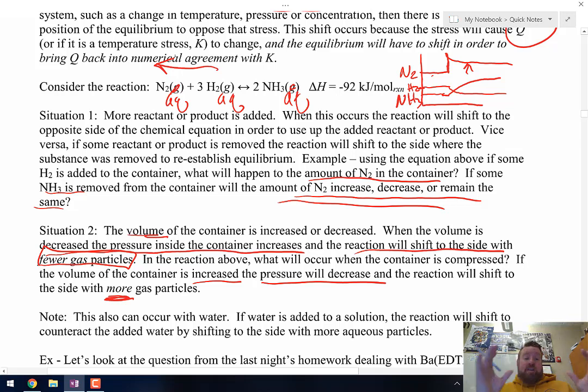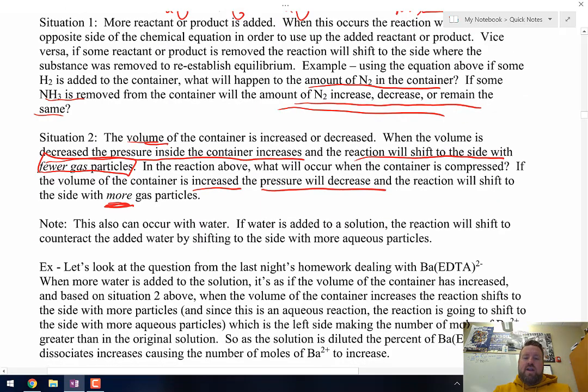If you evaporate some of the water or you boil off some of the water, now the volume of your container got smaller, it's going to shift to the side with fewer aqueous particles, which in this case would be the right-hand side. Okay? So if water is added to a solution, the reaction will shift to counteract the water added by shifting to the side with more aqueous particles. Again, if water is evaporated or boiled off, the opposite's going to happen. It's going to shift to the side with fewer aqueous particles.